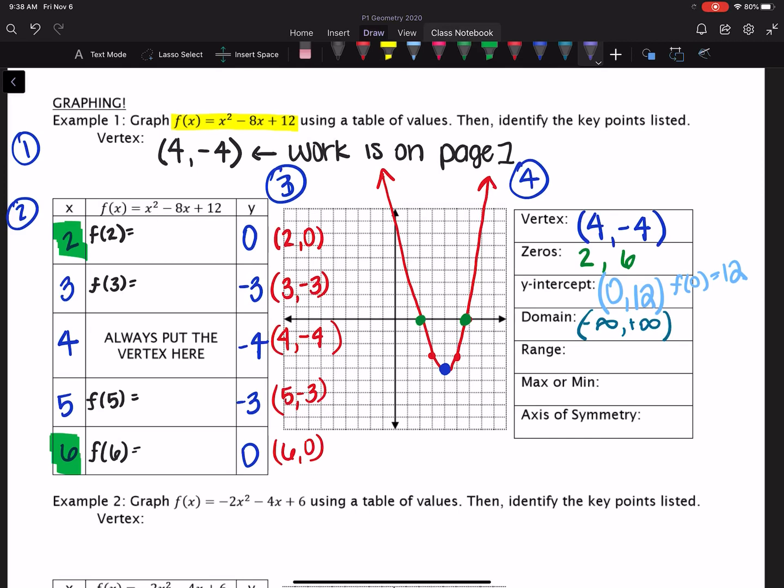My range is going to be my list of y values. We can see on this coordinate grid that the lowest y value I have is at negative 4, and that's included in my graph. I know that it's going to go in the positive direction with no endpoint, so it's going to go to positive infinity.